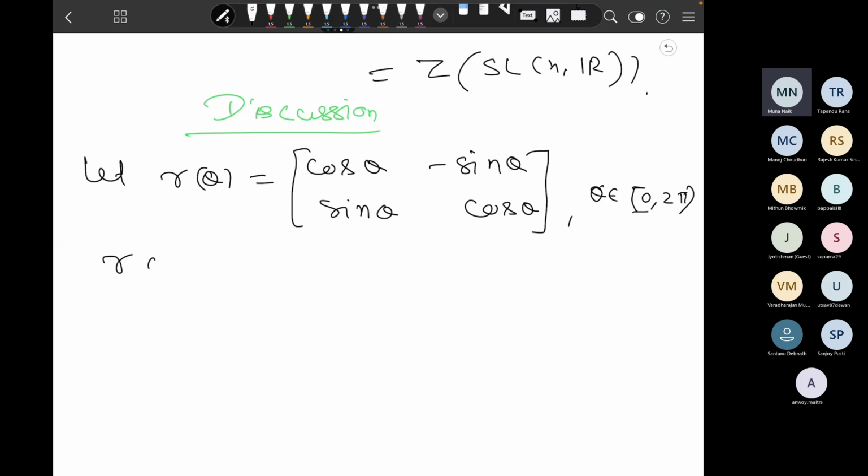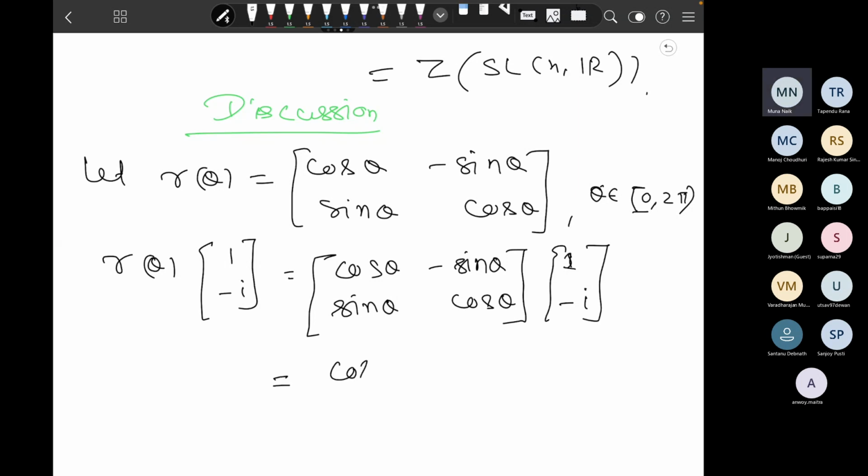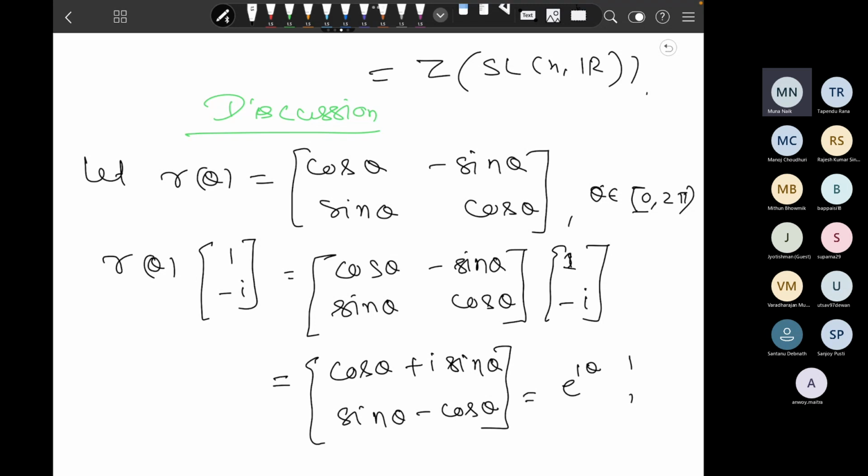Now, if you look at this R theta into (1, minus i), so you will get this thing: cos theta, minus sin theta, cos theta. Okay. This is really (1, minus i). So this is really cos theta plus i sin theta, and sin theta minus i cos theta. Now, you can write that as e to the power i theta into (1, minus i).